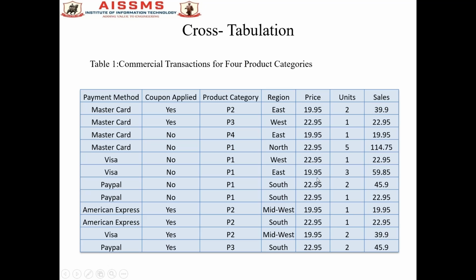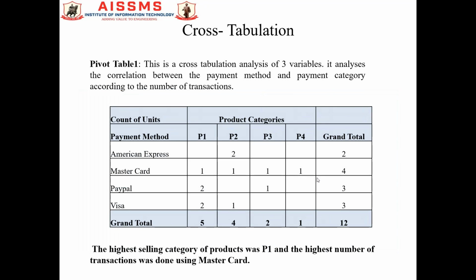From this particular table we can find the pivot tables. So in pivot table, which is a cross tabulation analysis of 3 variables, it analyzes the correlation between the payment methods and product category according to the number of transactions.